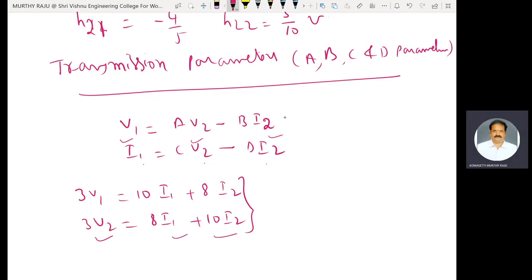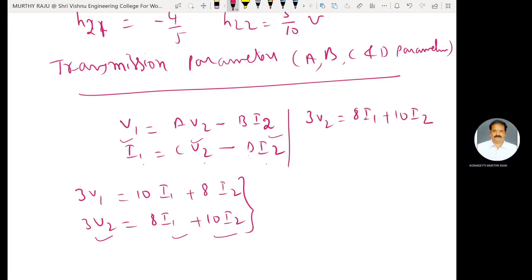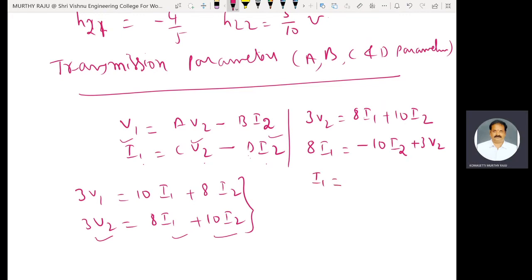Therefore, transform the 3V2 expression into this form. 3V2 is equal to 8 I1 plus 10 I2, so 8 I1 is equal to minus 10 I2 plus 3V2.